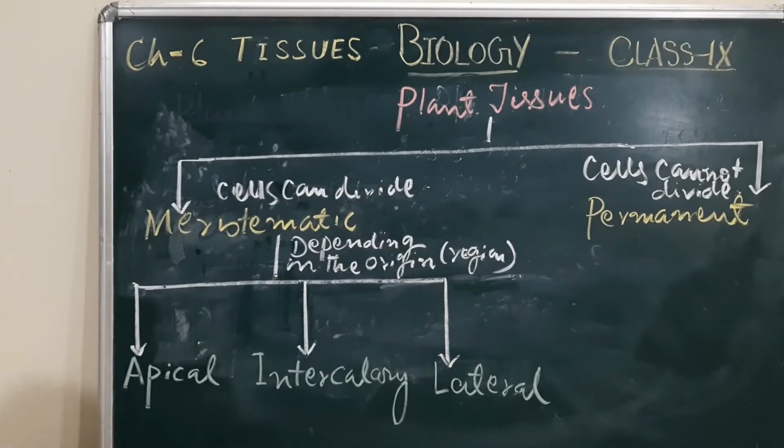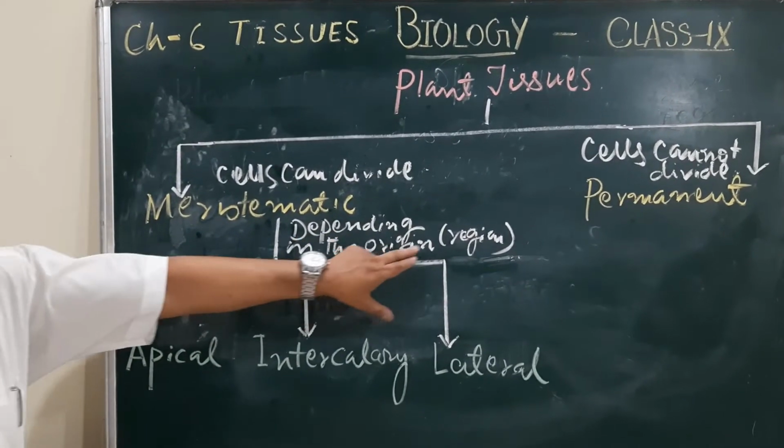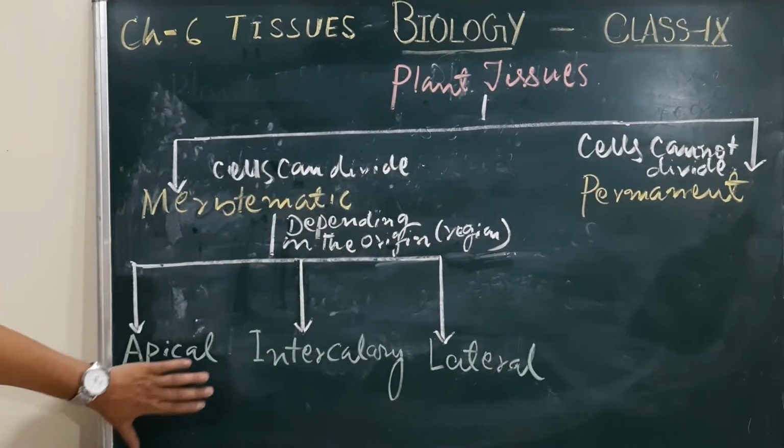So these are the types of meristematic tissue depending on the origin or region where it is present.